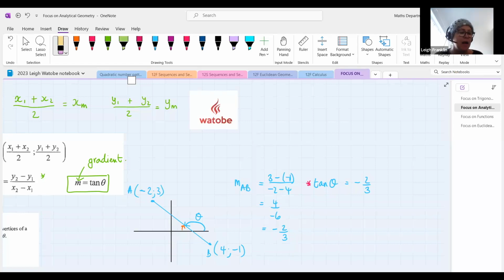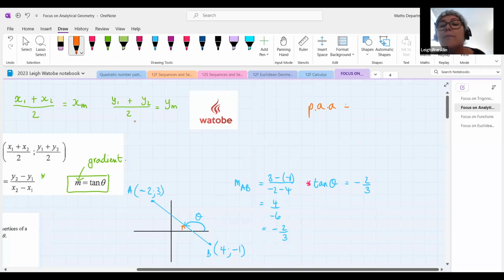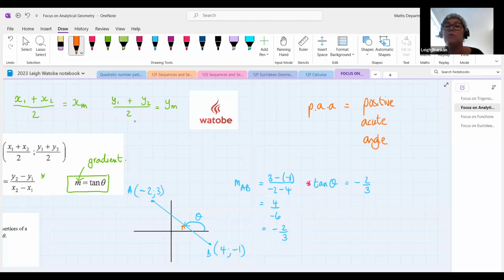I like to call it, instead of calling it a key angle or a reference angle, a PAA. And PAA stands for a positive acute angle. Okay, so I like to use those words to remind us that first of all, it must be positive, and second of all, it's got to be acute.